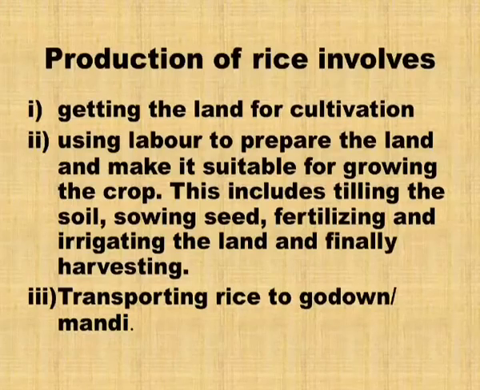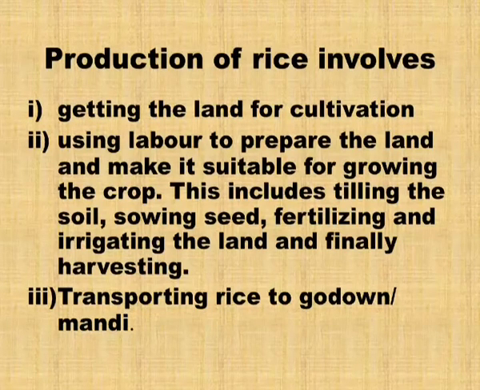The production of rice involves the following: getting the land for cultivation, using labor to prepare the land and make it suitable for growing the crop, which includes tilling the soil, sowing seeds, fertilizing and irrigating the land, and finally harvesting it. And it also includes transporting rice to godowns or the mandi or the marketplace.